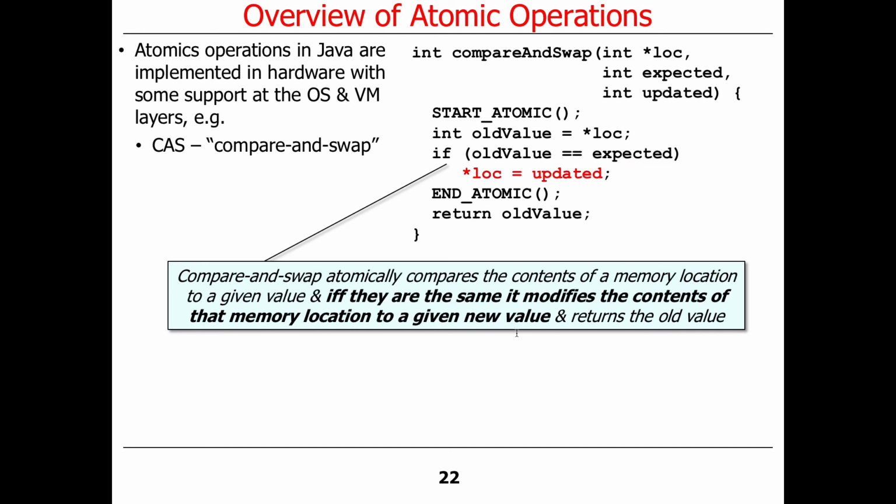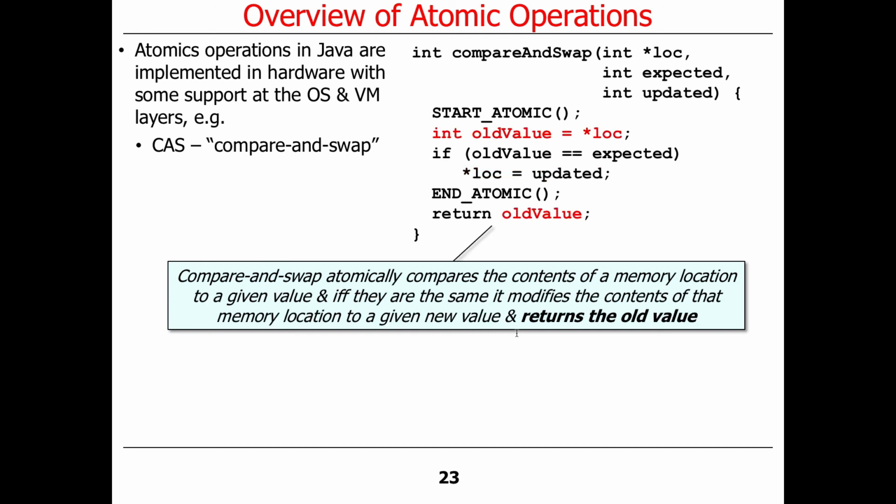If and only if they match, if those two values are the same, then we update the memory location with the updated parameter. We only do it if they match. And then the last thing we do is return the old value. The old value, which has been stashed away up here, is returned as the result of the method. Okay, so that's what it's doing.